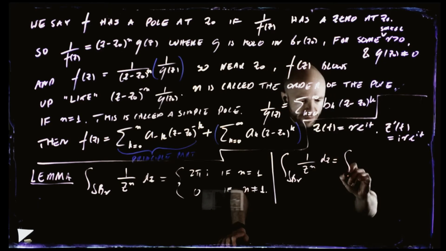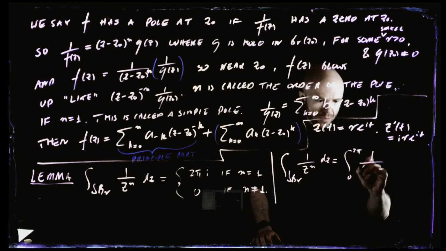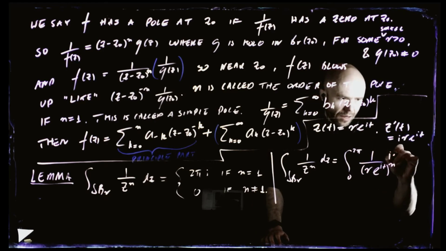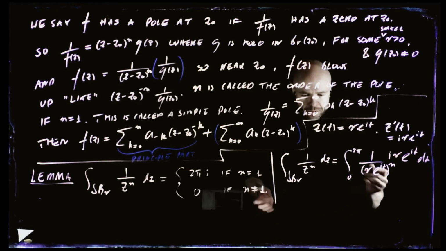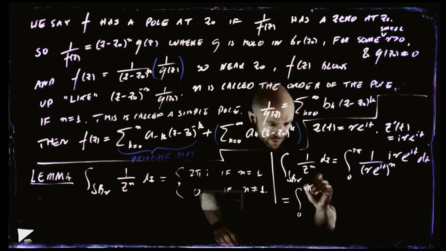So I'm going to integrate from 0 to 2 pi, 1 over this thing, and then i r e to the it dt, just using the definition of contour integration.